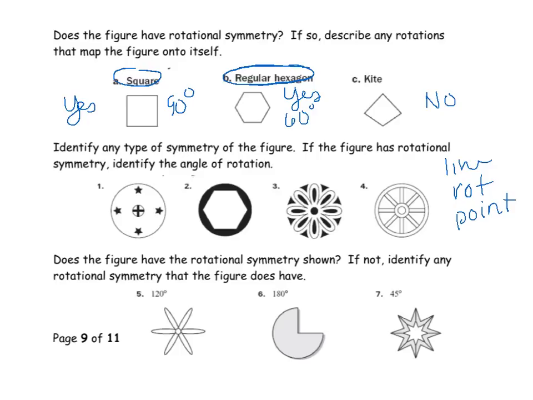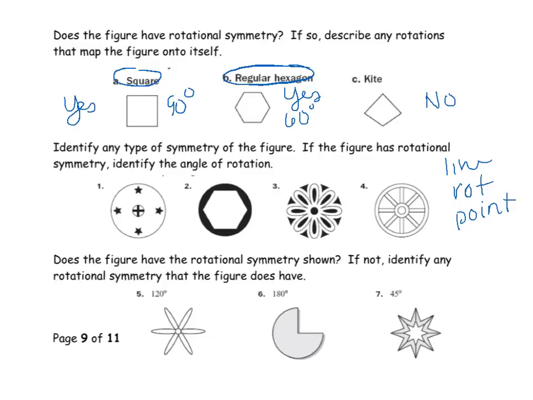So why don't you do 1, 2, 3, and 4, and see if you can figure out which kinds it has. If it has line, tell me how many lines of symmetry. If it has rotational, tell me what the rotational symmetry is. And then, obviously, if the rotational symmetry includes something that is a factor of 180, it would also have point. So go ahead and do that. Hit pause and come back when you have an answer.